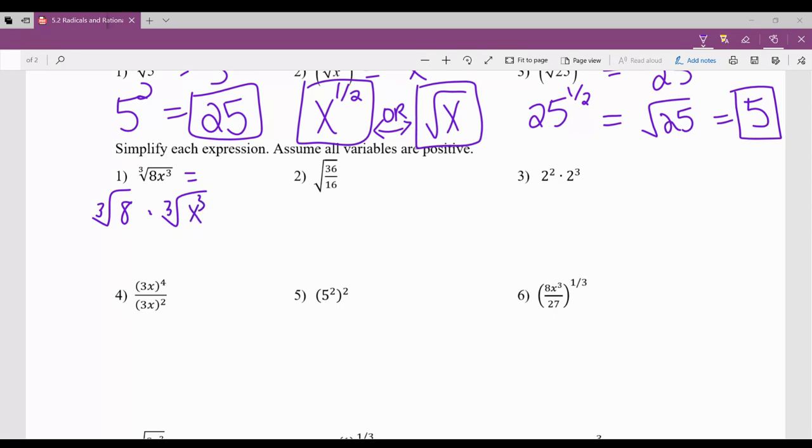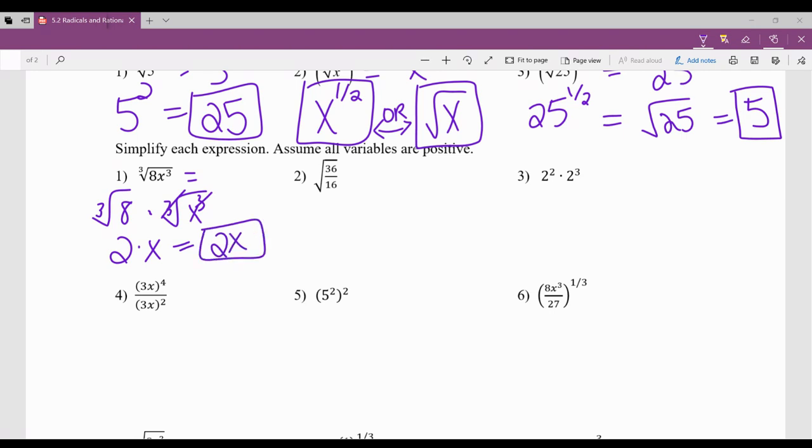Both of them were under the cube root, so I could split them up because it's being multiplied. The cube root of 8 is 2, times, well, what happens when you have a cube root and cubed? They cancel each other out. So we're left with x. 2 times x is 2x.